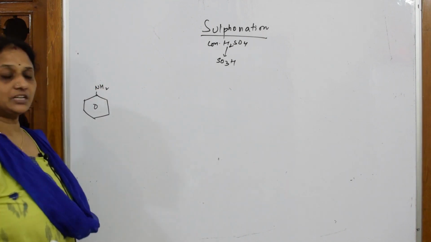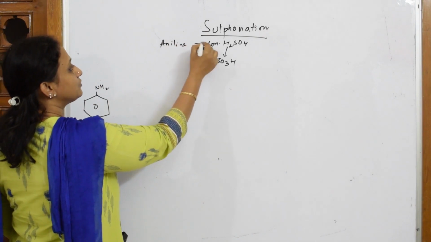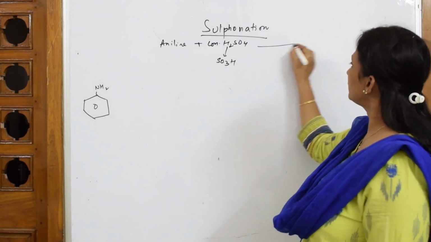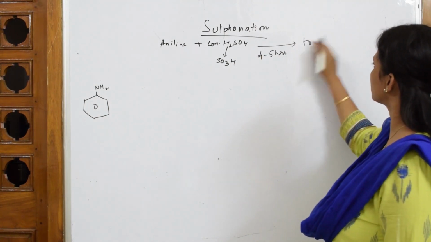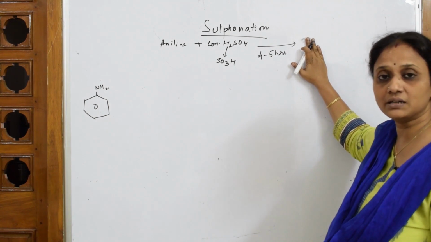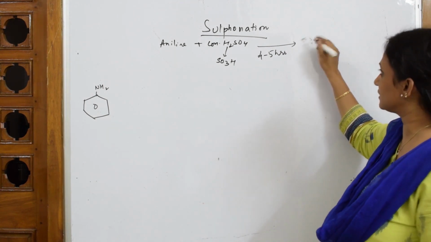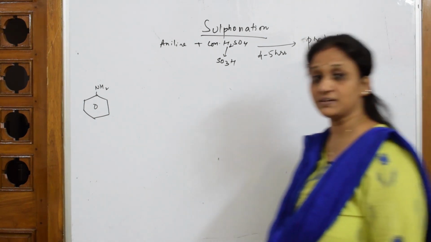Whenever you are heating aniline with sulfuric acid for the sulfonation procedure, it is going to take 4 to 5 hours to get your ortho-para products, the ortho and para benzene sulfonic acid.